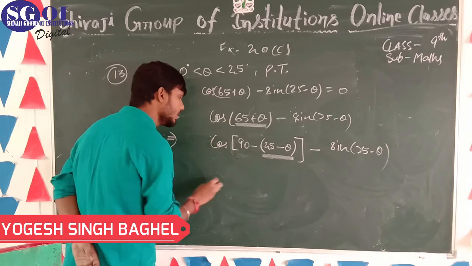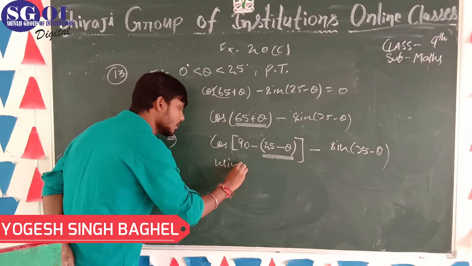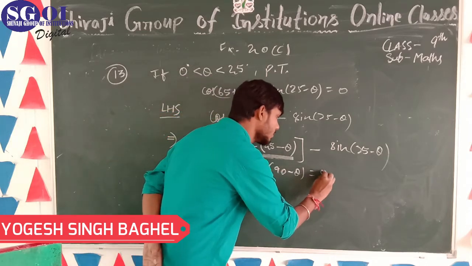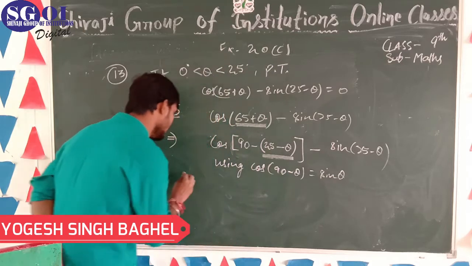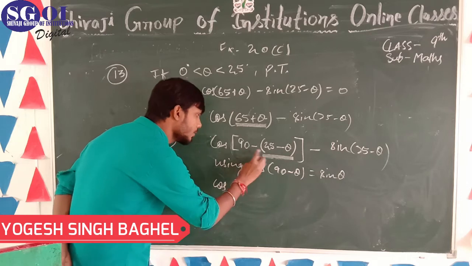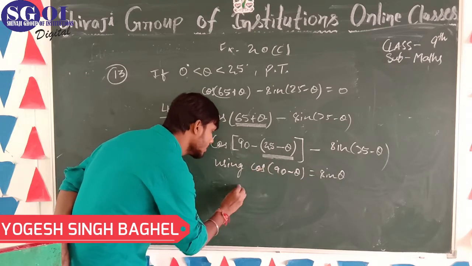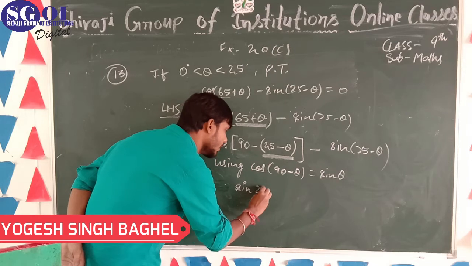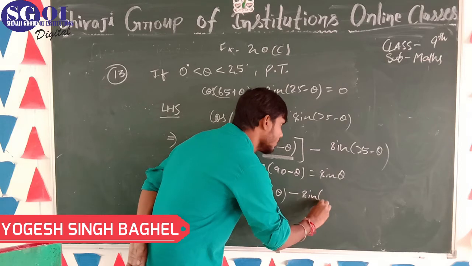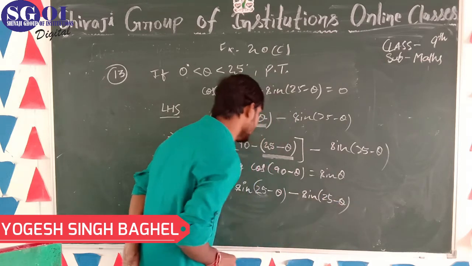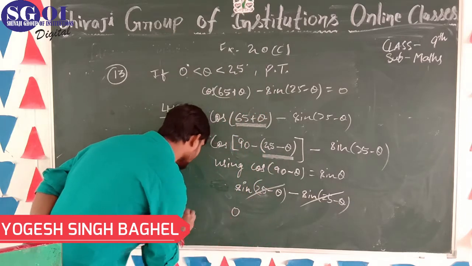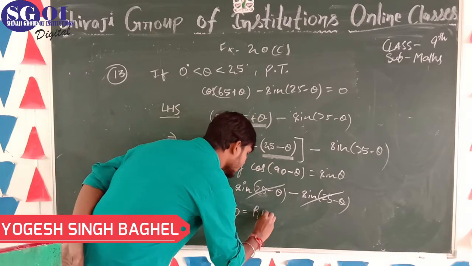So using the complementary relation, cos 90 minus theta is equal to sin theta. So cos 90 minus 25 minus theta comes sin 25 minus theta, and minus sin 25 minus theta is already there, so sin 25 minus theta minus sin 25 minus theta will be cancelled, so it becomes 0, which is equal to RHS.